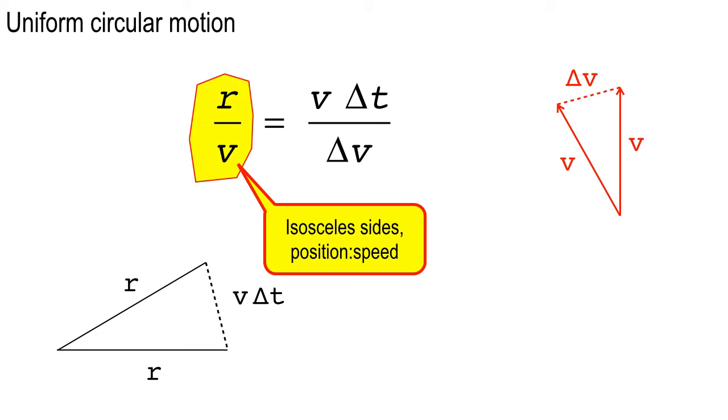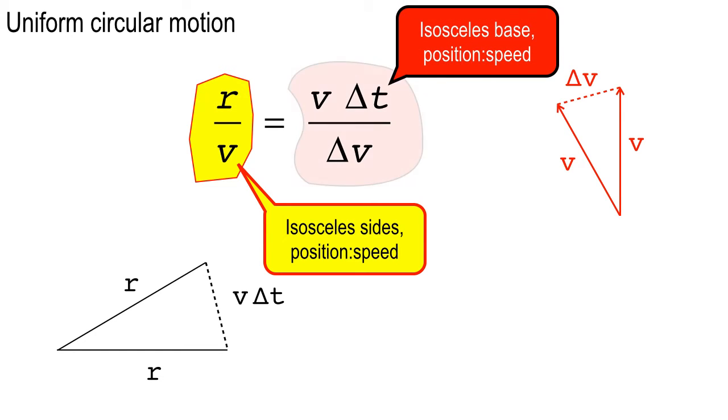Now, over here, the second term, the right-hand side of this proportion, Omari, is the base of the position triangle on the top, V delta t, and the base of the velocity triangle, delta V. All right?